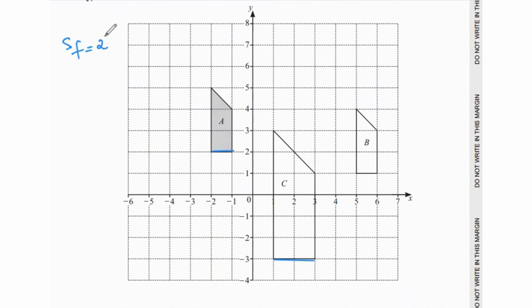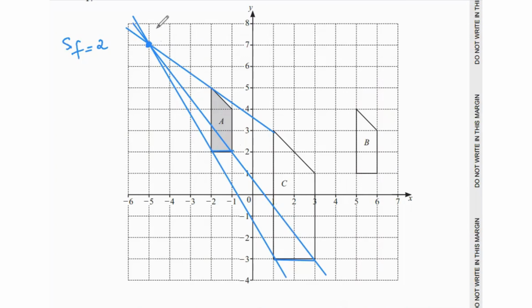Now for the center of enlargement, we join each corresponding point on both the shapes. So we have this. And then we have the point through which all lines are intersecting is -5, 7.